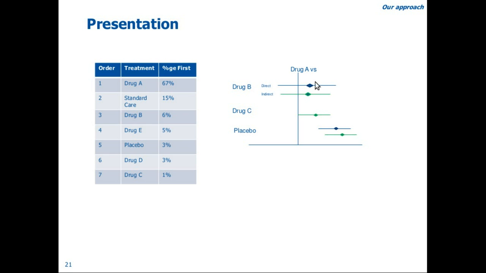Now that's not a strictly robust statistical approach, but generally if you see that the direct and the indirect evidence agree, then you probably believe the estimate a little bit more. It also means that if somebody doesn't like mixed treatment comparisons, they've at least got something to base their decisions on.